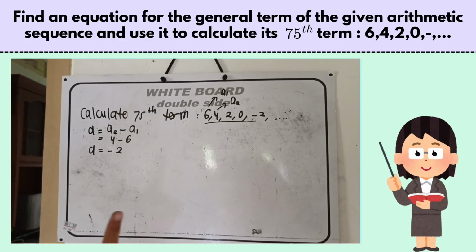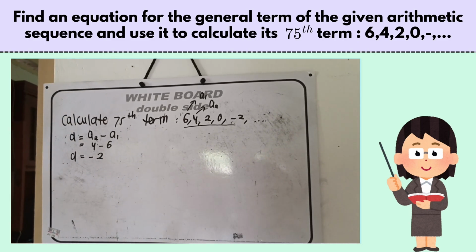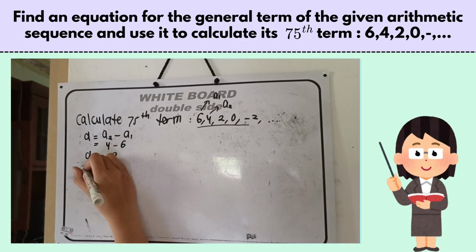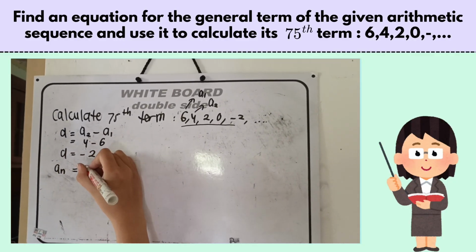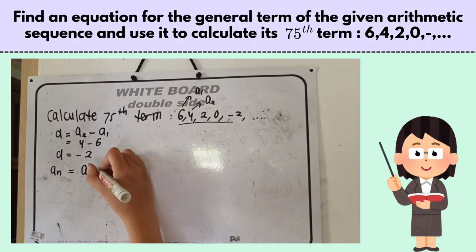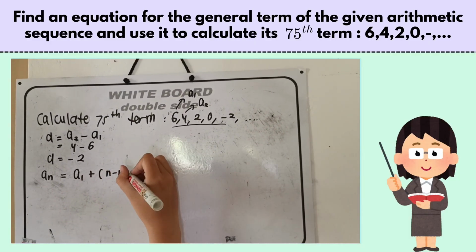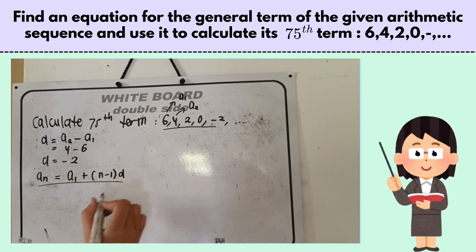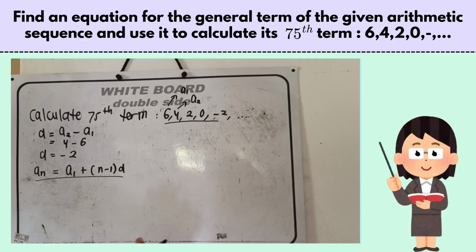Next, remember the general formula to find the arithmetic sequence: a sub n equal a sub 1 plus n minus 1 multiplied by d. Okay, you must remember this till the end of this video.